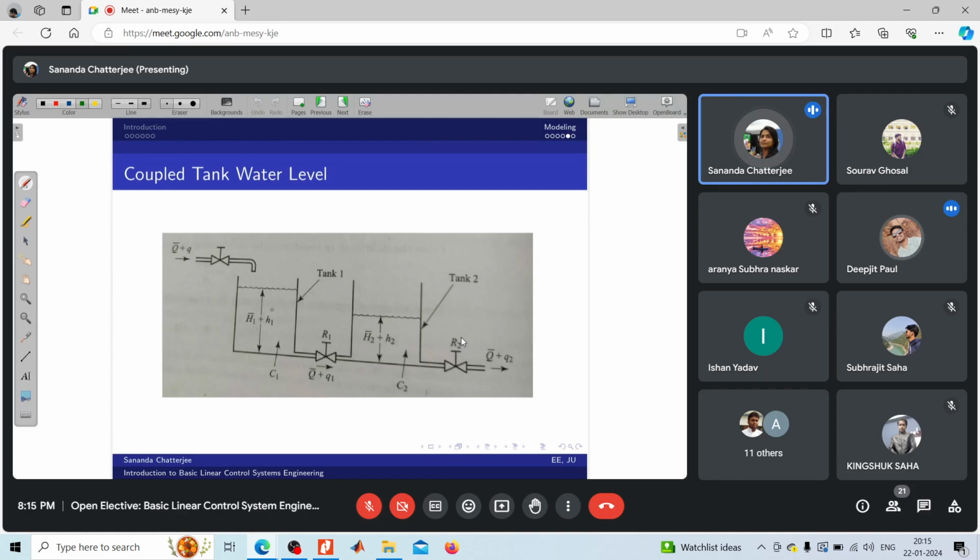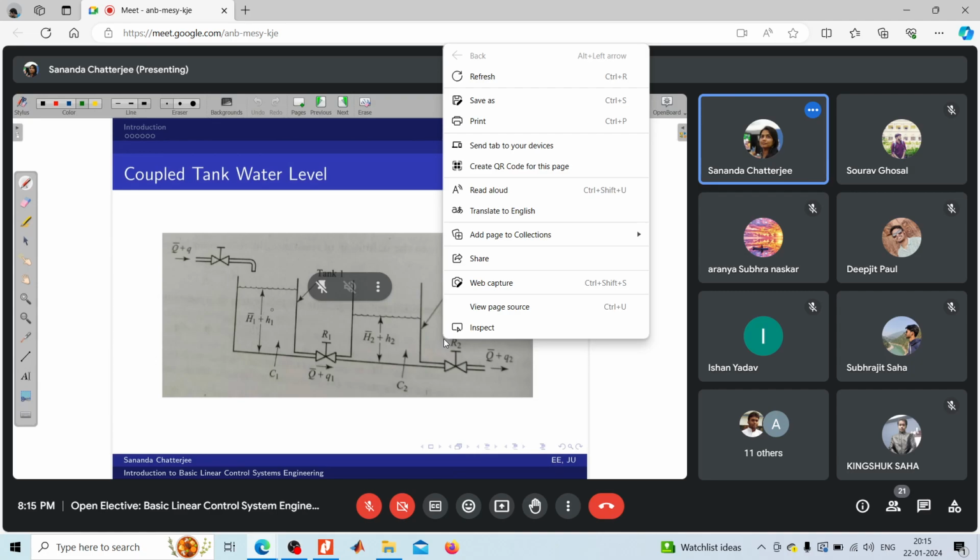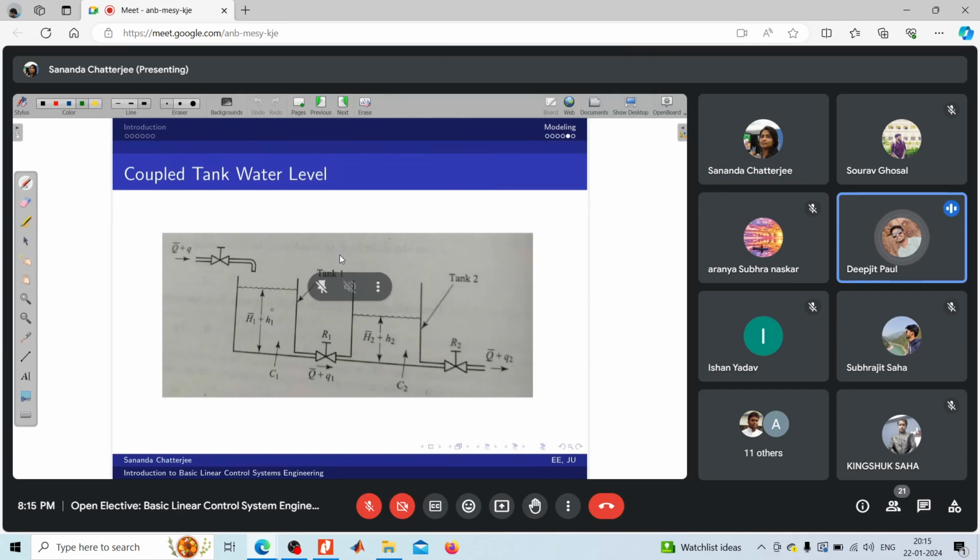Do you know the significance of this problem? Coupled tank system. Have you seen this system before? I think it is to maintain the constant water level at tank 2 always. Have you seen this structure? Where it is used?